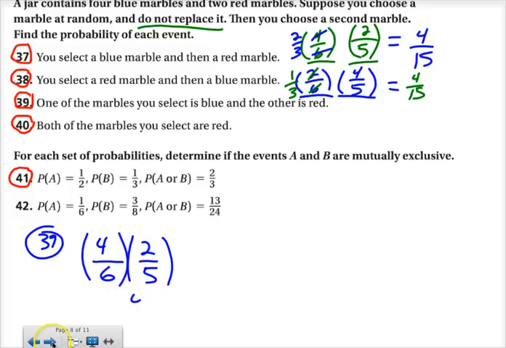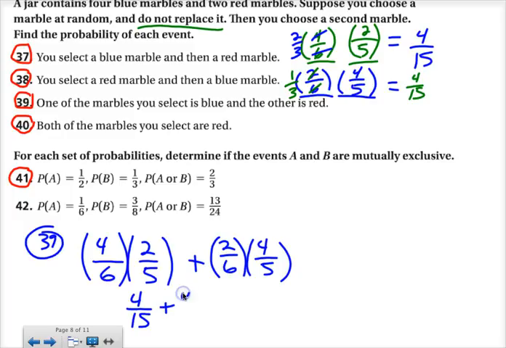So no surprise that that comes out to 4/15. We want to add to that what happens if we get a red one first and then we get a blue one. All right, so a red one first, 2/6. There's only 5 in the jar, but 4 of them are blue. And again, you realize you already did that math in number 38. So that's 4/15.